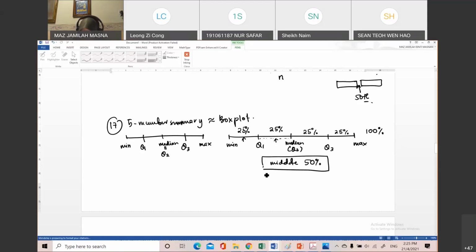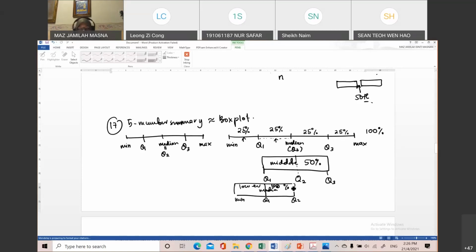That will be between Q1 and Q3. And the median is your Q2. And you can also talk about the lower 50%, which is from here until here. This is your median, this is your Q2. So this is the lower 50% of your data.